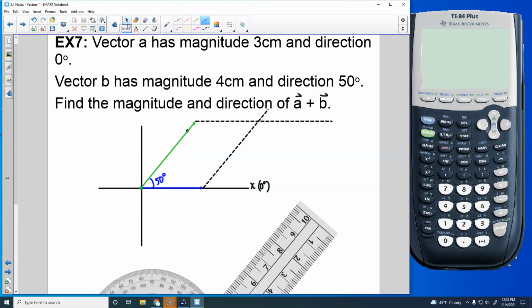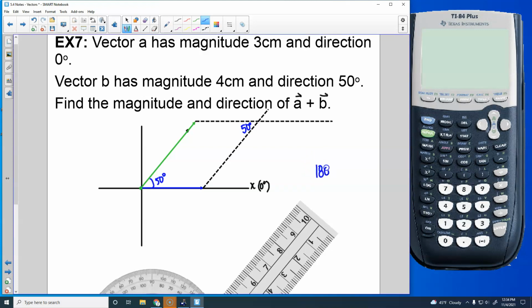A parallelogram. What do I know about opposite angles in a parallelogram? They're equal to each other. So that means this angle right here is 50 degrees, right? So these two angles have to be equal to each other. So what are they going to be? It's going to be 130. How'd you get that, Wesley?